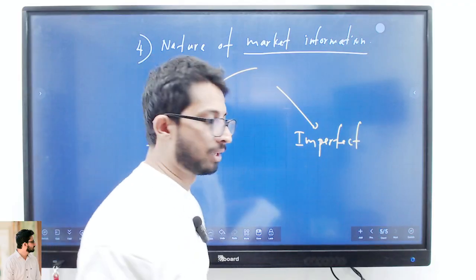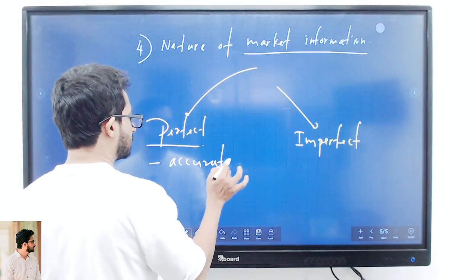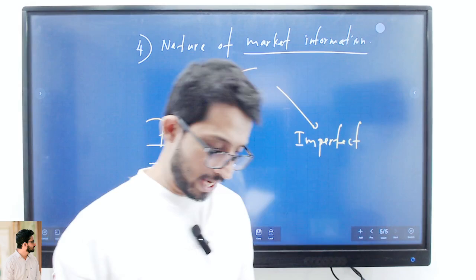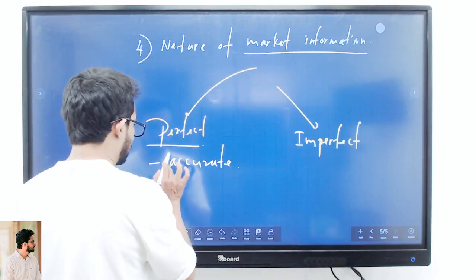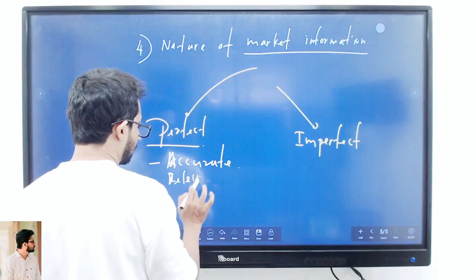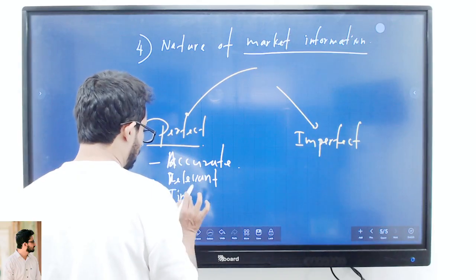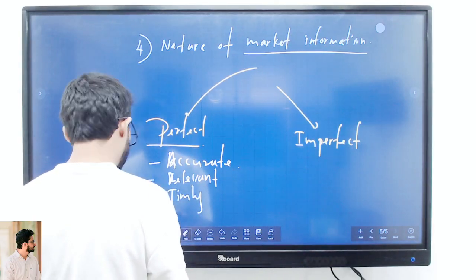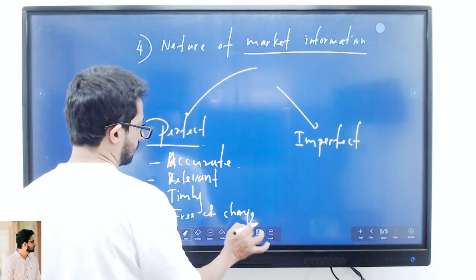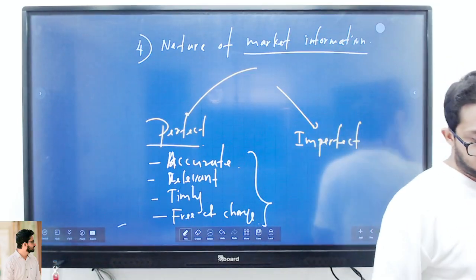Number 1, information should be accurate. Second, information should be updated, not outdated, relevant. Third, timely information. Timely means up to date. Last one, free of charge. If this information is available, that is called perfect information.